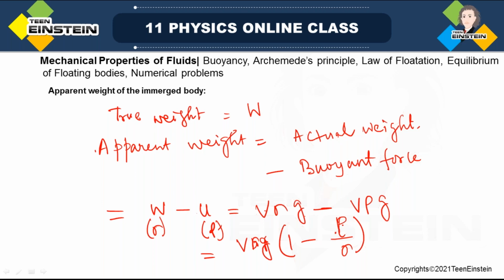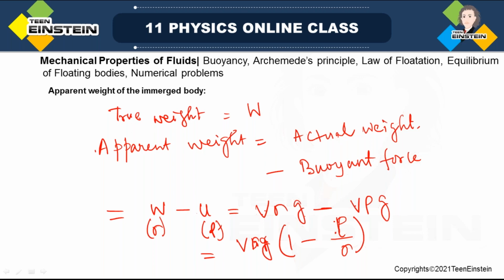Okay, so this is the apparent weight of the body. So rho is the density of the liquid or fluid within which you are immersing, and sigma is the density of the body which you are immersing. So true weight W minus upthrust or buoyant force. And now you might be thinking why these two volumes are the same.